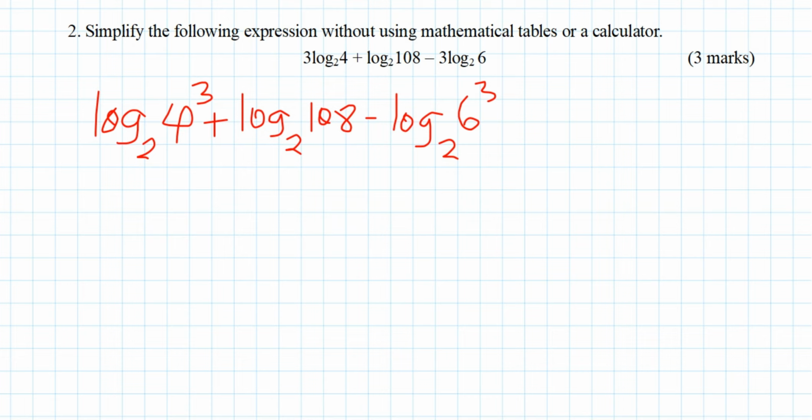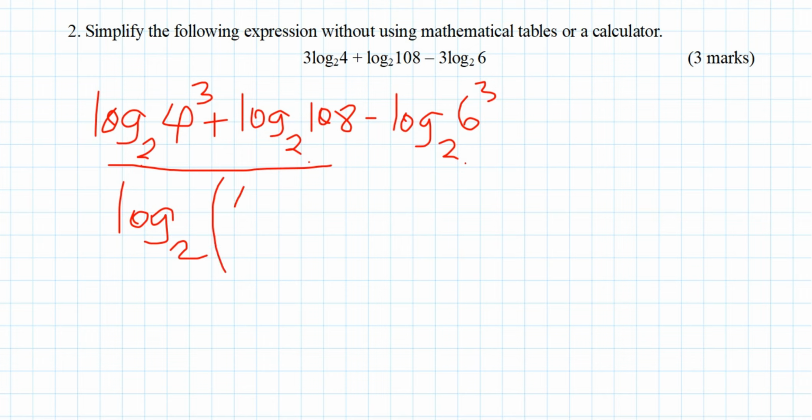And now, using the laws of logarithms, we know that when the logs are being added, this means that the numbers are being multiplied, and we check that the base for all the logs here is the same. So since the base is 2 throughout, this means we can combine all these into a single logarithm, and the base is going to be 2.